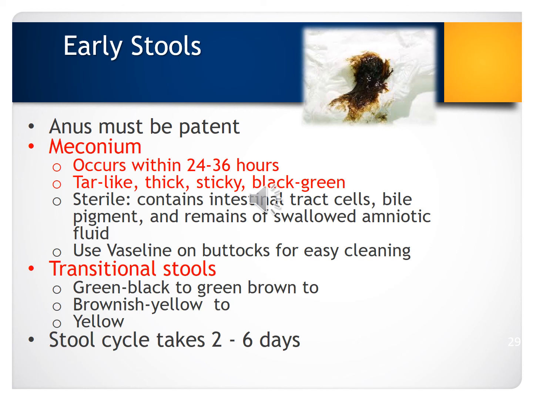And you'll know a difference between babies who are breastfed and those who are formula fed. Breastfed babies will start to have yellow mustard colored stools that look like they have little seeds, whereas babies who are formula fed have more formed, darker, harder stools.